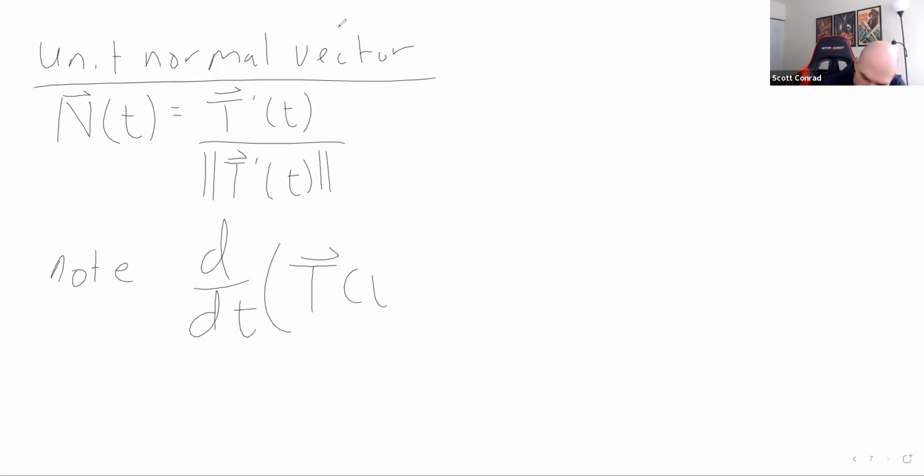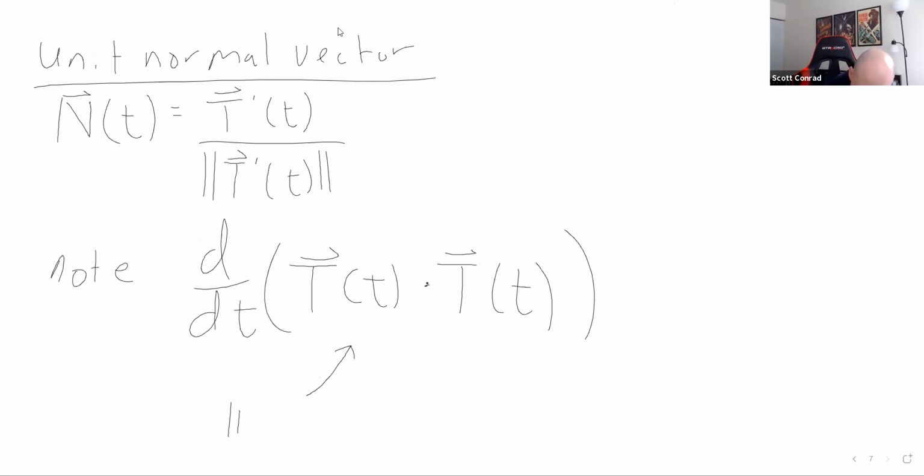If we look at the unit tangent vector and we dot it with itself, so if we take a vector and we dot it with itself, what do we get? What does that represent in terms of the vector? So it's related to the magnitude, right? This is something you should remember. It's the magnitude squared.